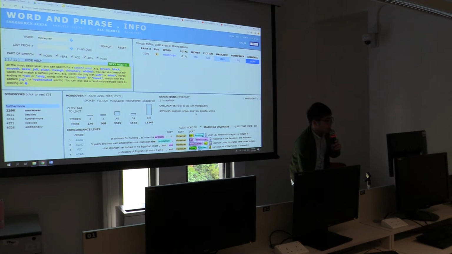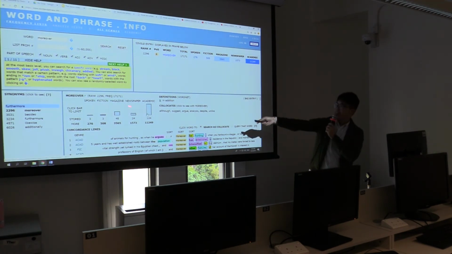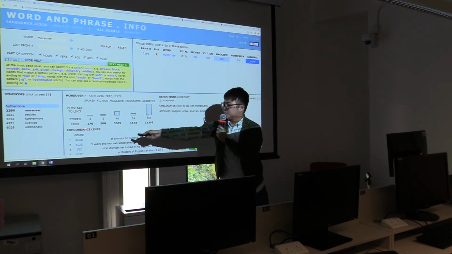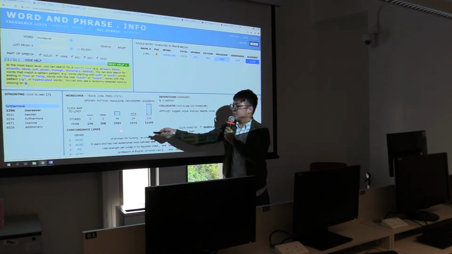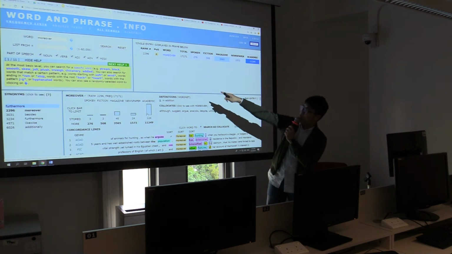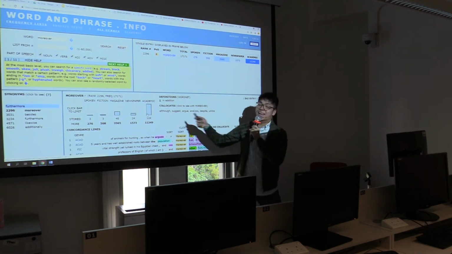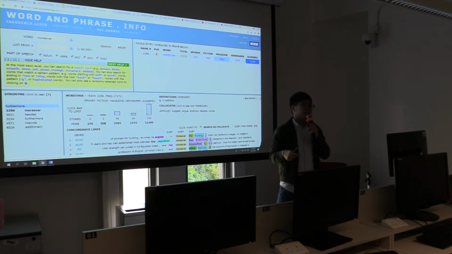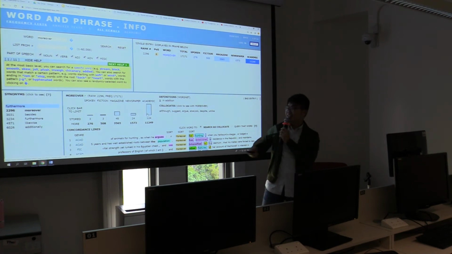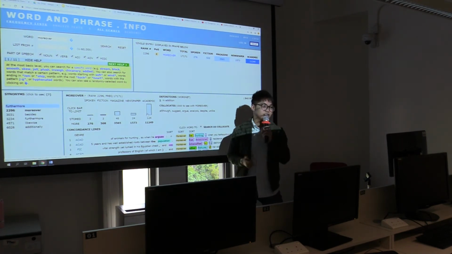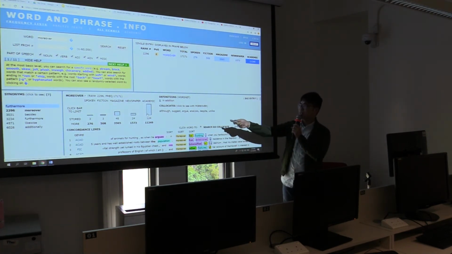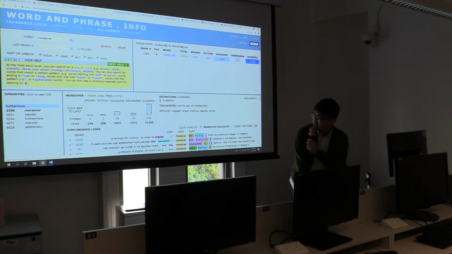After you click moreover, you can see here the table. This table tells where the word moreover is used. It is mostly used in academic papers, for example your essays or some research papers, other than spoken or fiction. So it's mostly used in academic contexts.